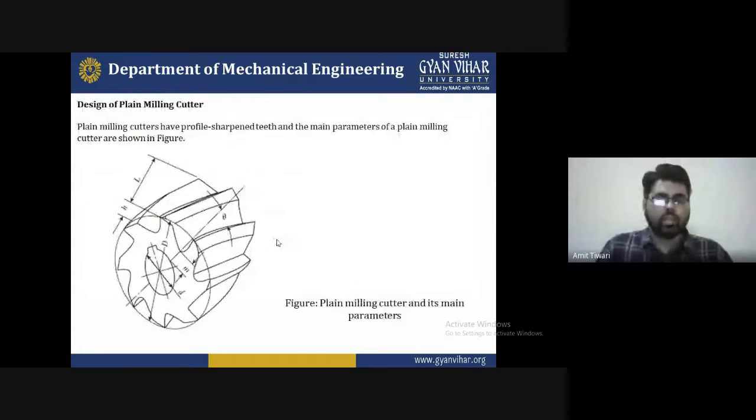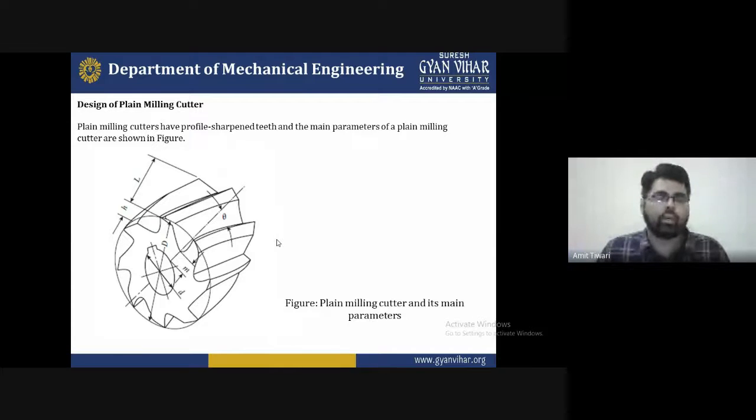Now the design of the plain milling cutter, having the profile shape of the teeth. The main parameters of the plain milling cutter are shown in the figure. You can see the diagram of a plain milling cutter and the milling parameters. So we can say it has a total diameter D, and height h from the base, and the length we are providing.